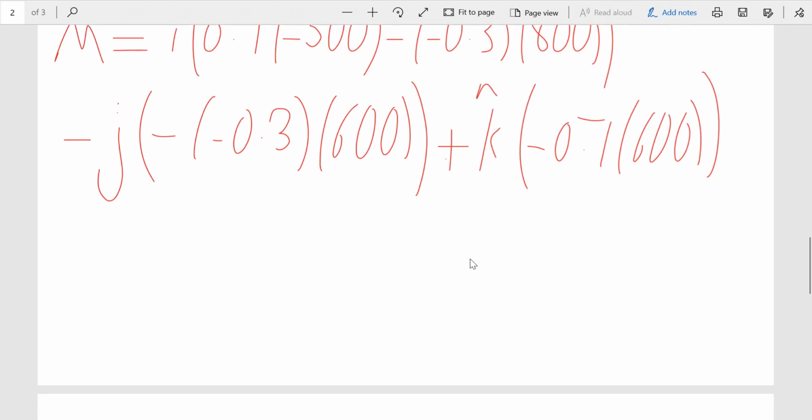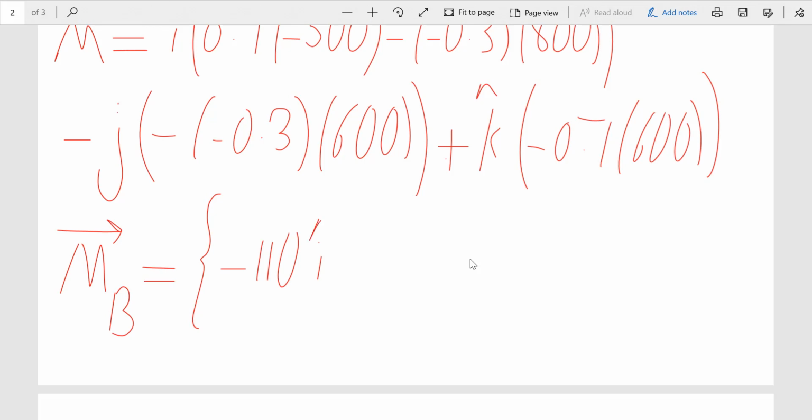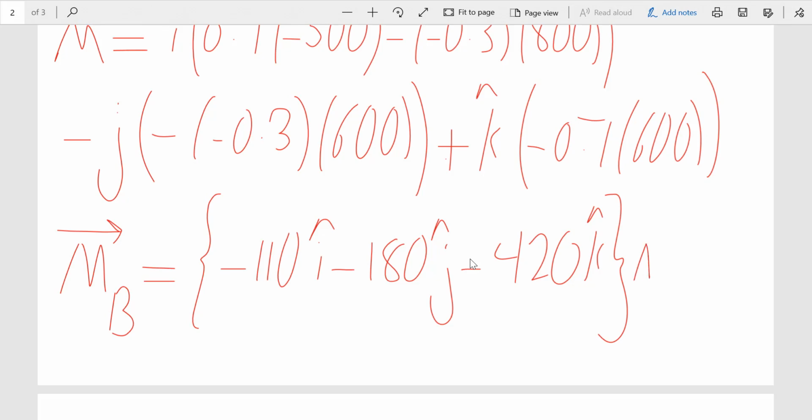So if I simplify that, the moment about B is a vector with negative 110 I, negative 180 J, negative 420 K. And the unit is Newton meter.